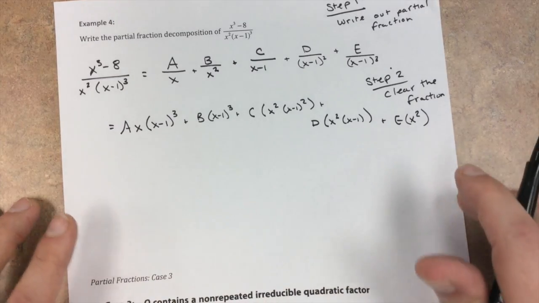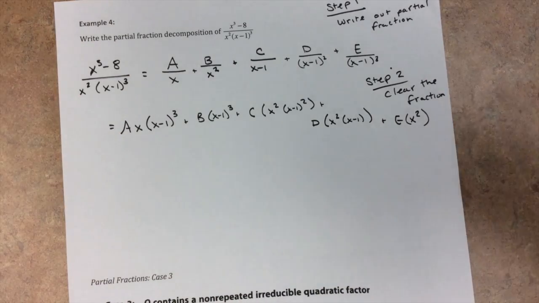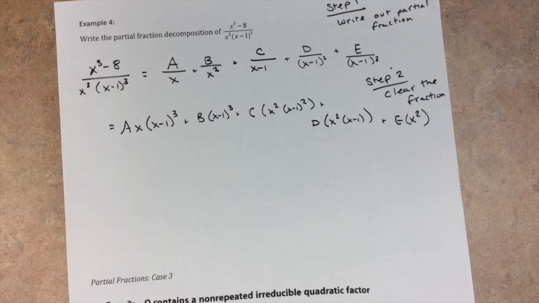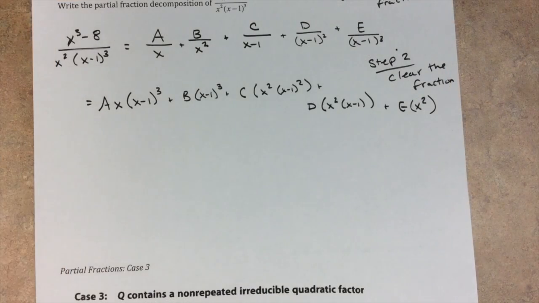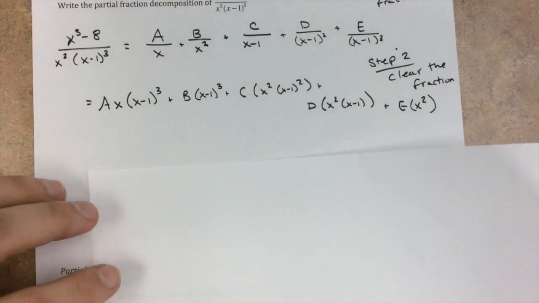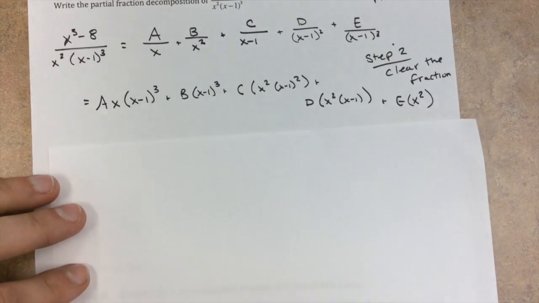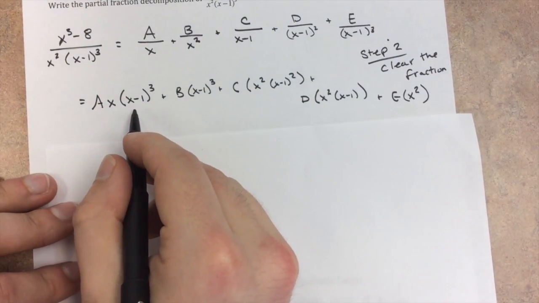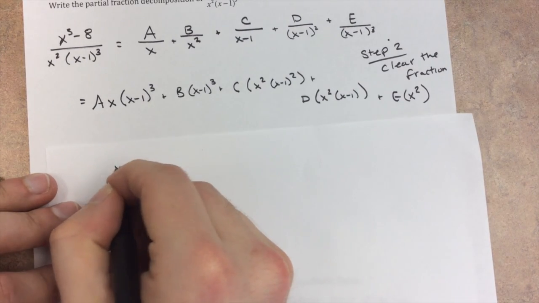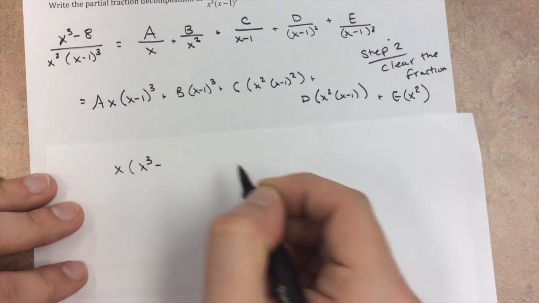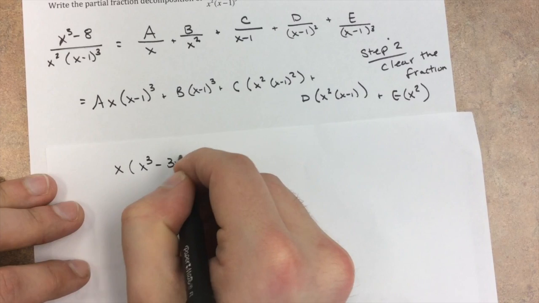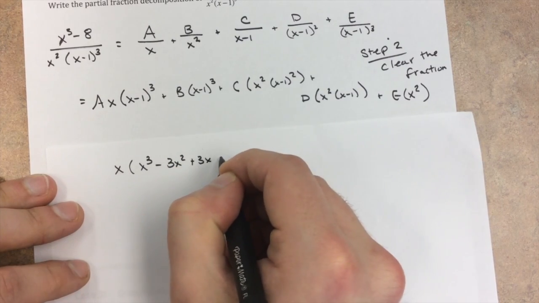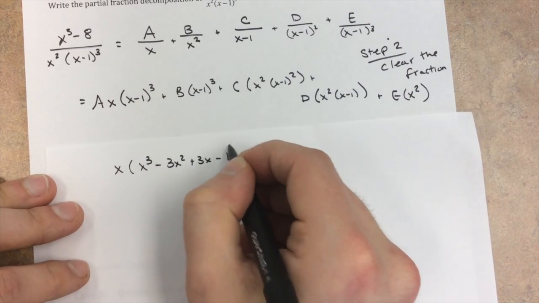So the way that we are going to work this out is pure algebra, and we're going to get 5 equations and 5 unknowns. So I'm just going to grab a separate sheet of paper and expand out each one of these, and then we're going to group the like terms. So for this first term, if I multiply out the (x minus 1) cubed, I have x cubed minus 3x squared plus 3x minus 1.